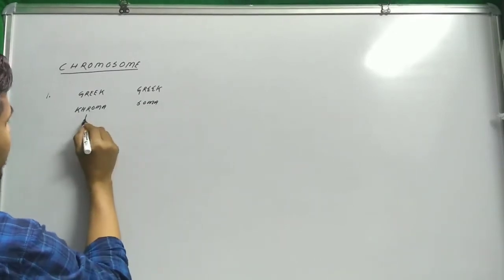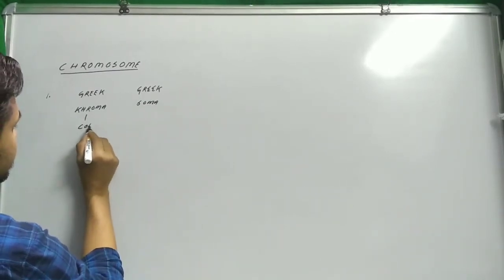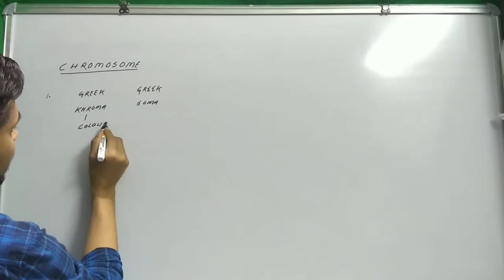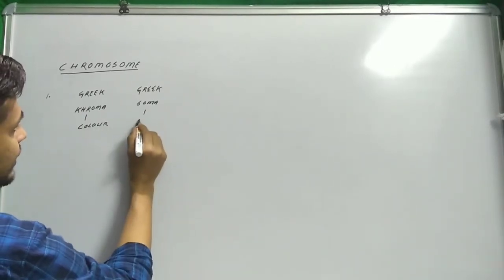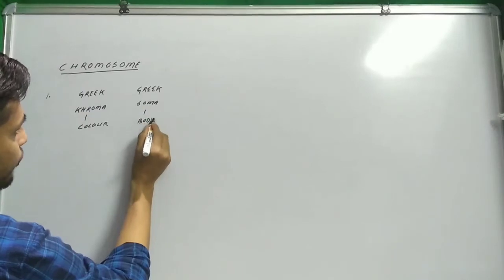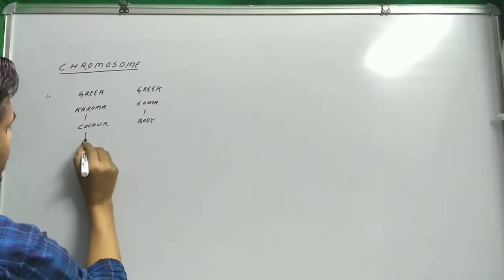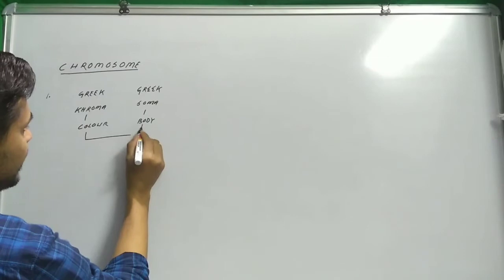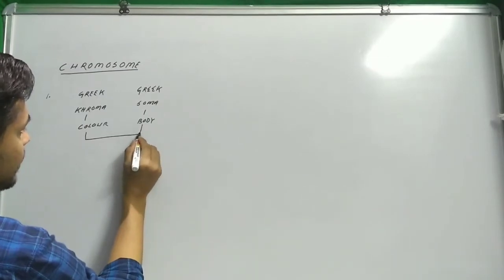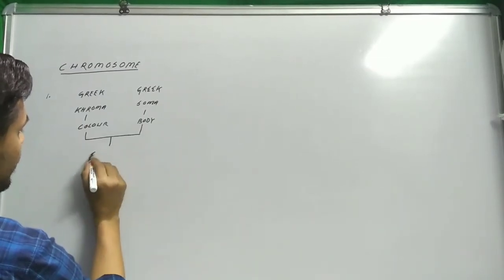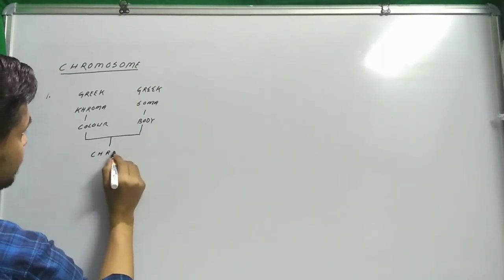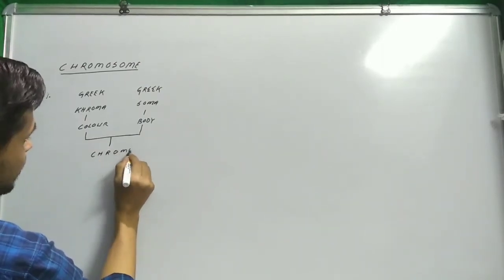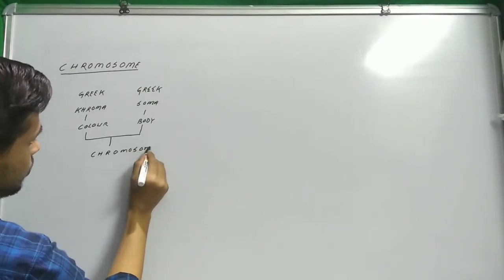The word chroma means color, and soma means body. So they combine together to form the word chromosome.